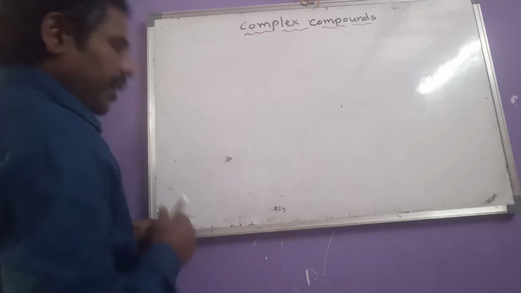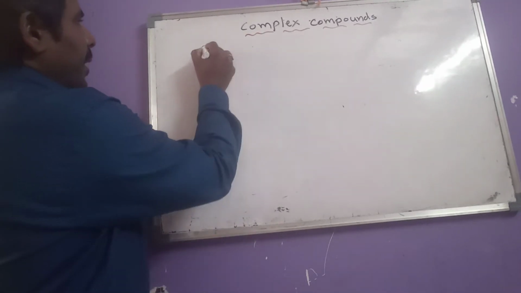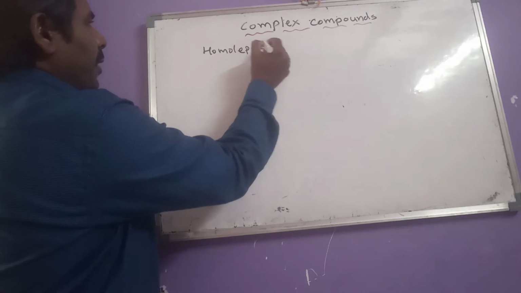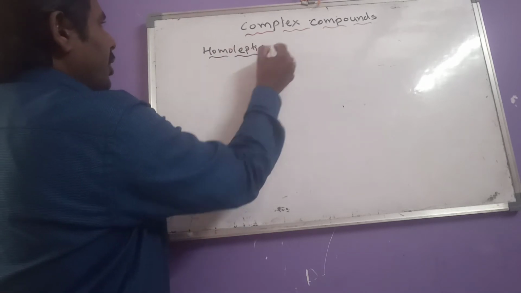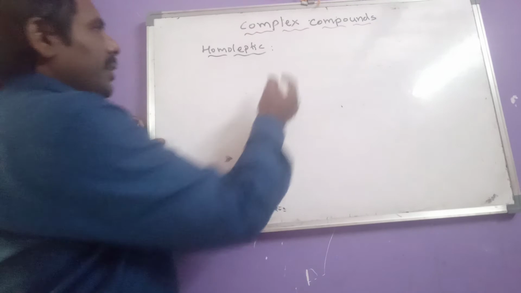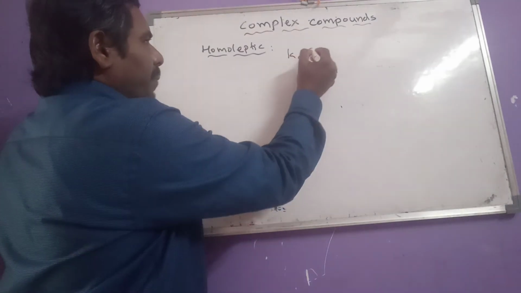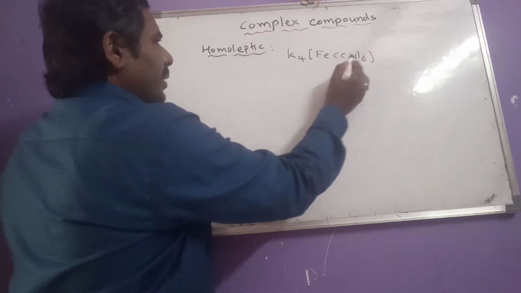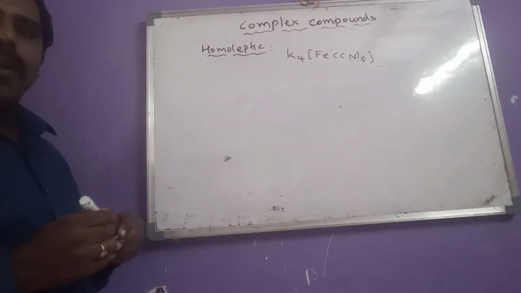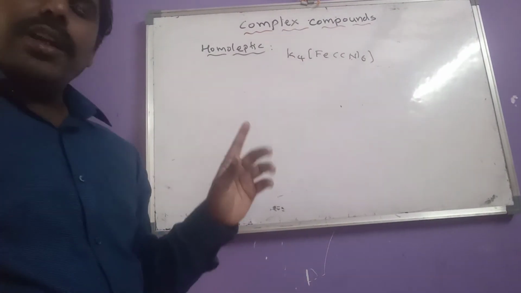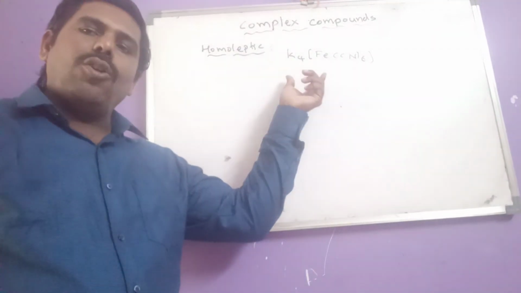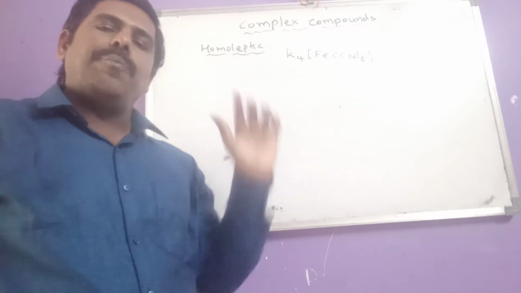Homoleptic means the complex compounds having only one type of ligands. That means already we observed one example, K4[Fe(CN)6]. Only one type of ligand, that is cyanide, is present in it. So it is known as a homoleptic complex compound.